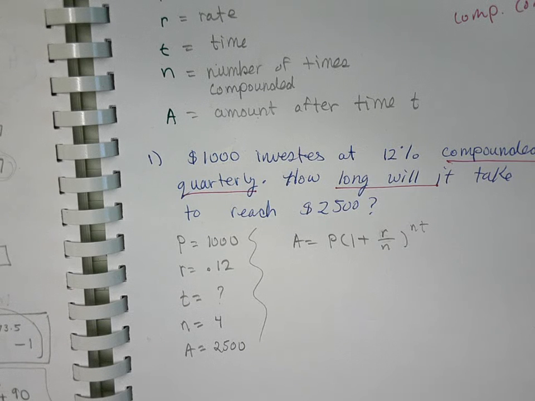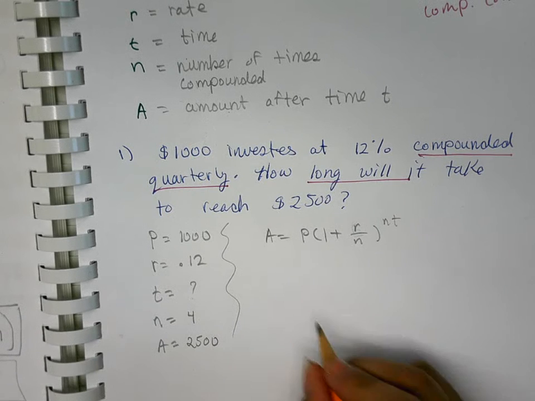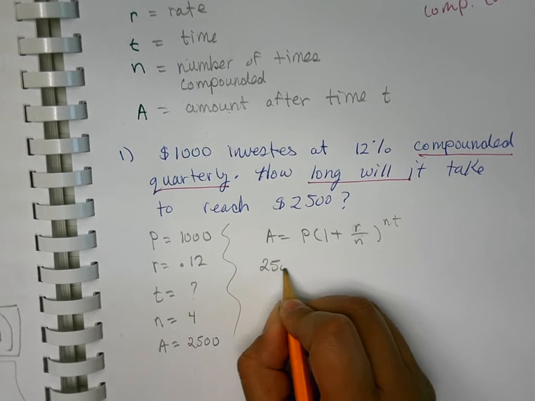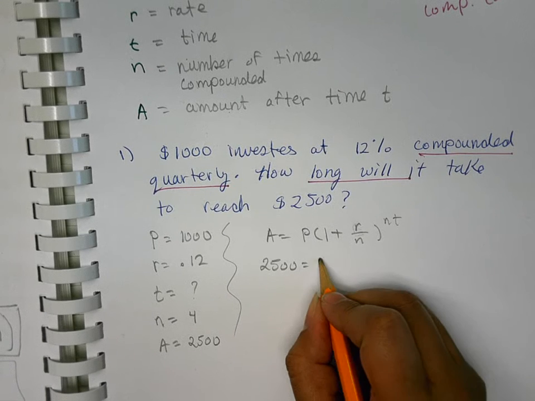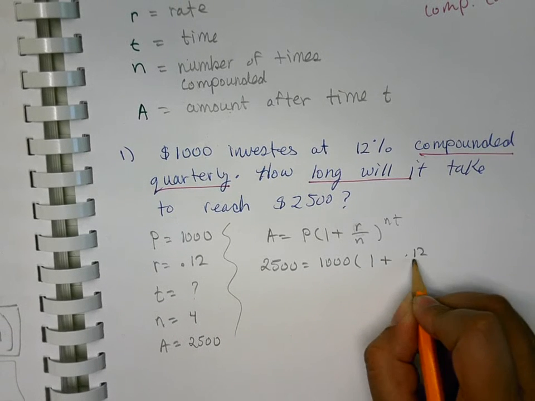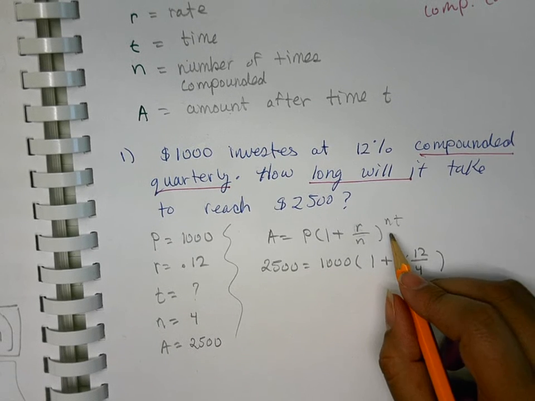Quarterly means 4 times a year, not 1/4. So 1 plus R, which is 0.12, over 4, raised to the N, which is 4, and then T.